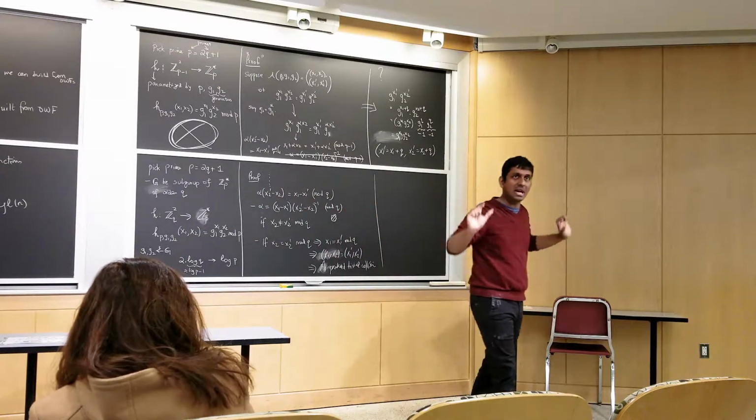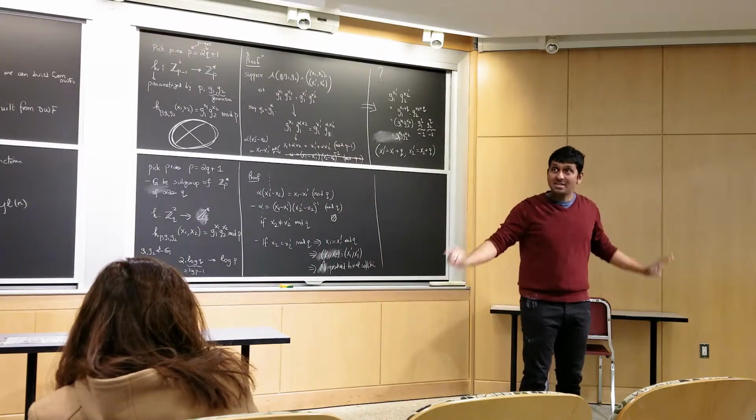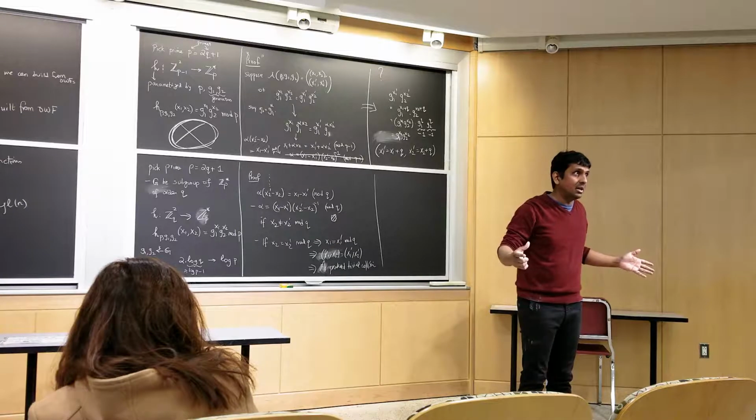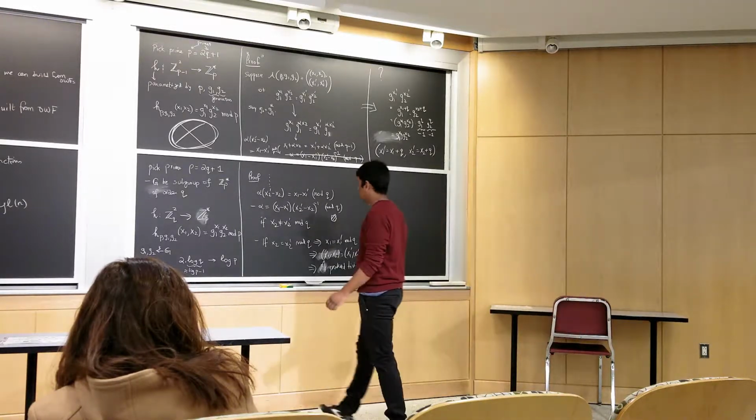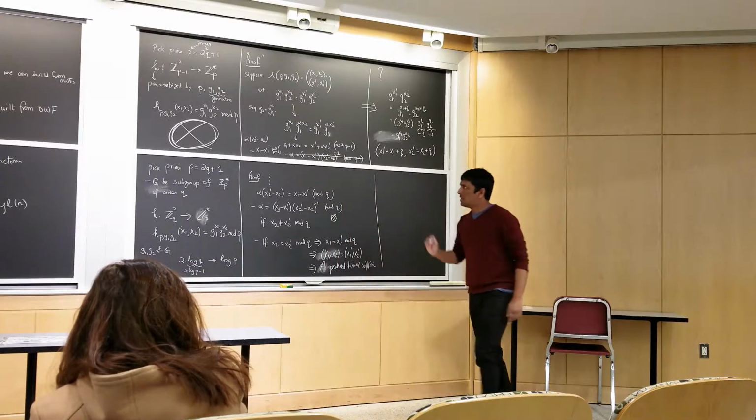I'm just going to write it down as a bit string, as an element of Zp star, as a number. So, very good. This is one way to fix it.